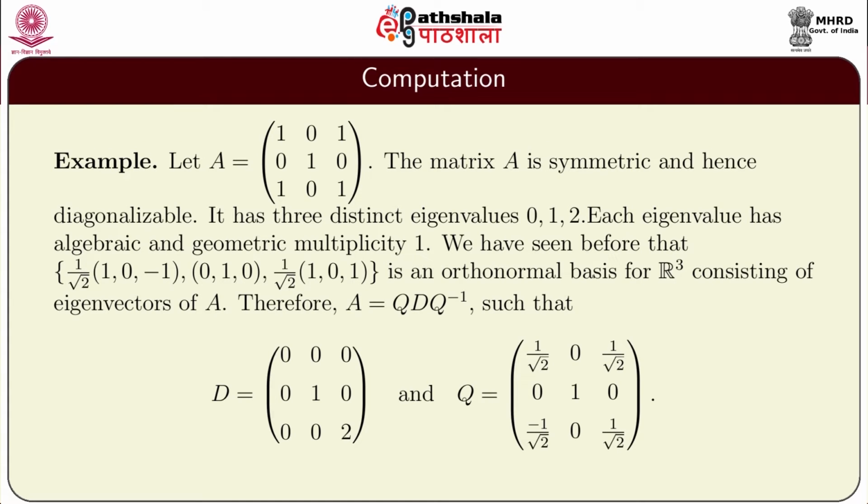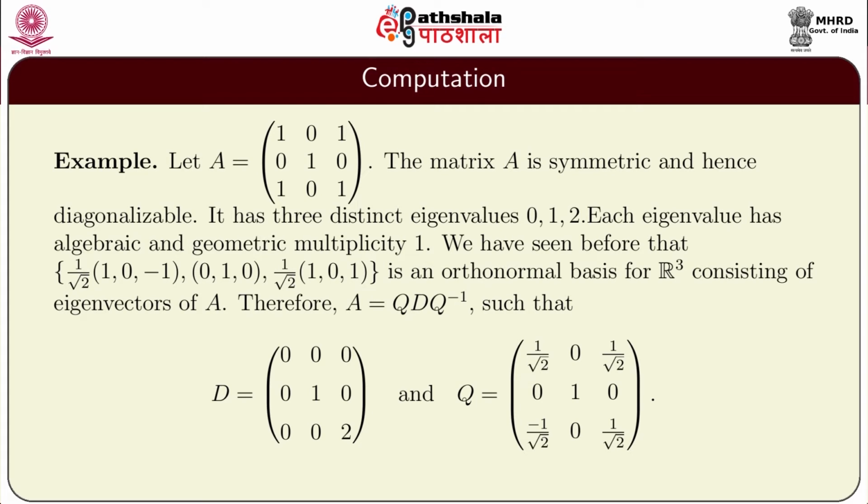We have seen before that this set of vectors, 1 over root 2 (1, 0, -1), then the vector (0, 1, 0) and 1 over root 2 (1, 0, 1), is an orthonormal basis for R3 consisting of eigenvectors of A.